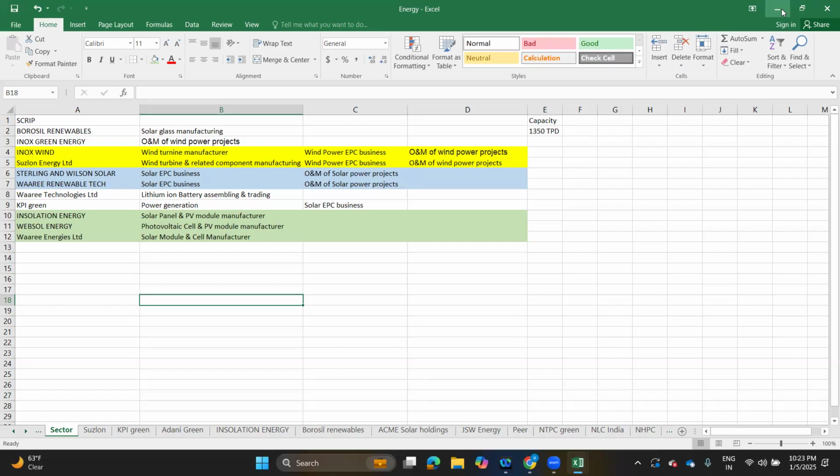Power generation, again in power generation, thermal power is there, renewable power is there. So comparing a thermal power generator with a renewable power generator will not be at all correct. Within thermal, there is still further segmentation. Some are coal based, some are lignite based, some are diesel based, some are, let's say, gas based. So there are various thermal power companies.